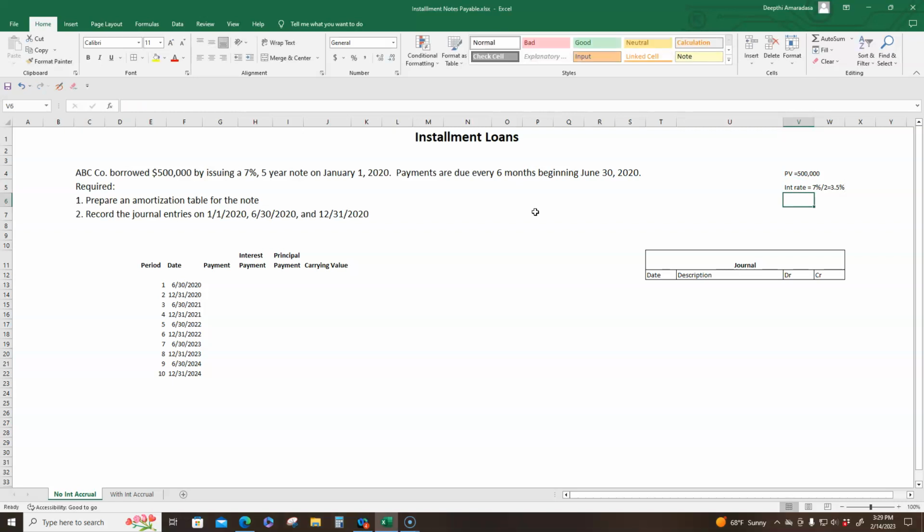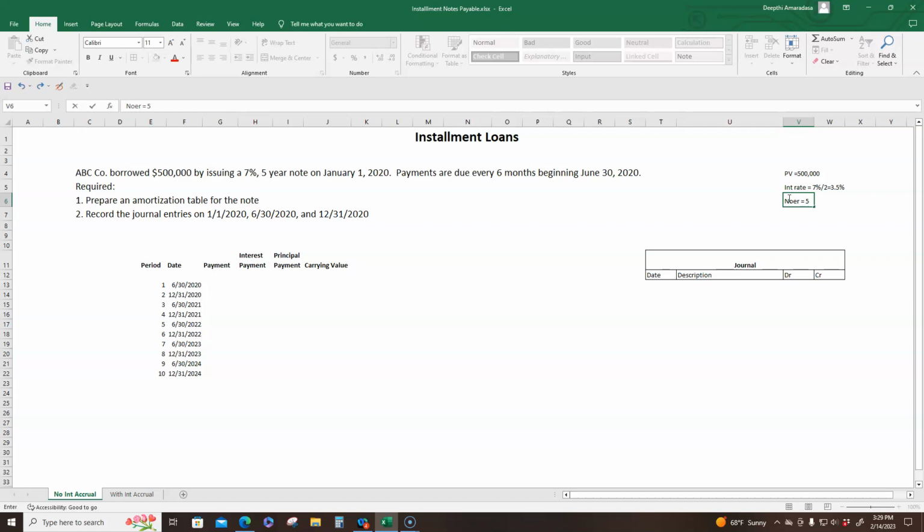The next thing you need to know is the Excel formula called NPER, N-P-E-R. It's basically how many payments you're going to make on this loan during the life of the loan. So during the term, we know that the term is 5 years. You're going to make 5 payments, but it's not 1 payment per year. How many payments are you going to make each year?